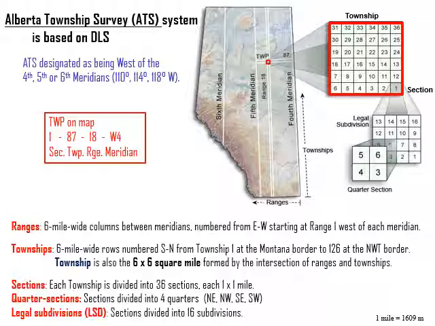So this particular township that you see on the map as the red square on the Alberta map can be indicated as section 1 in township 87, range 18, west 4 meridian.